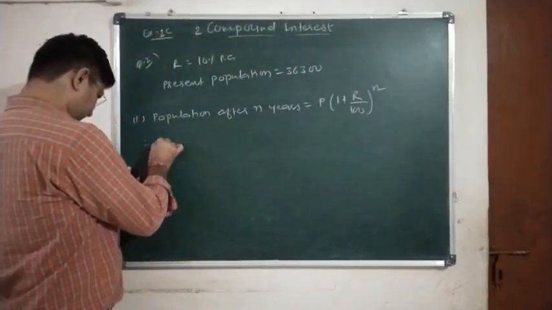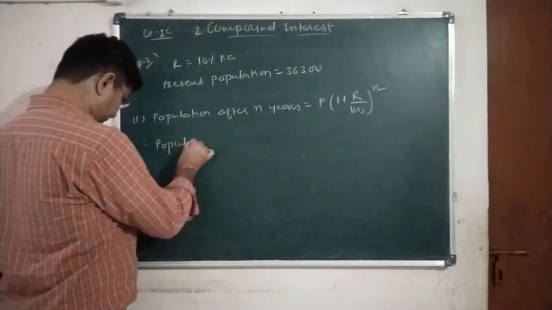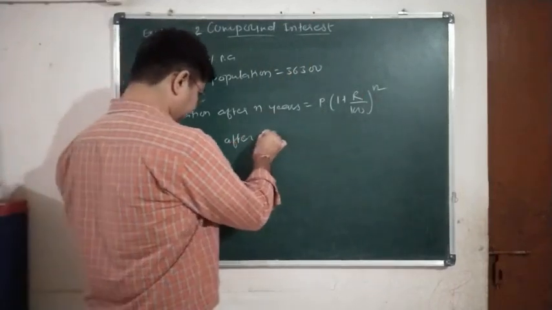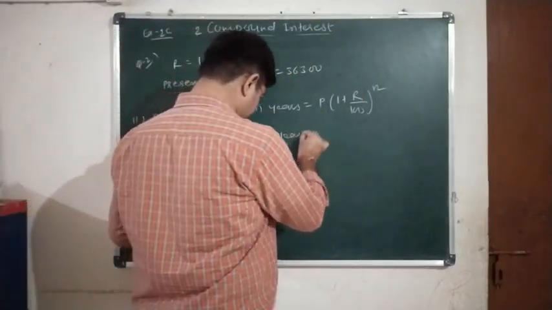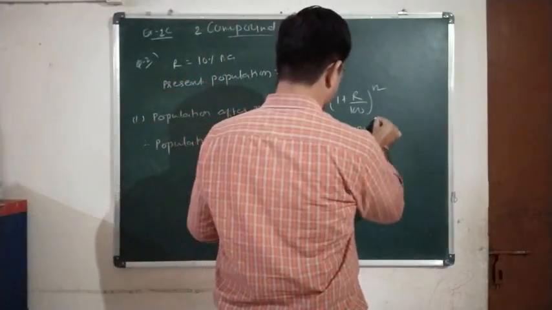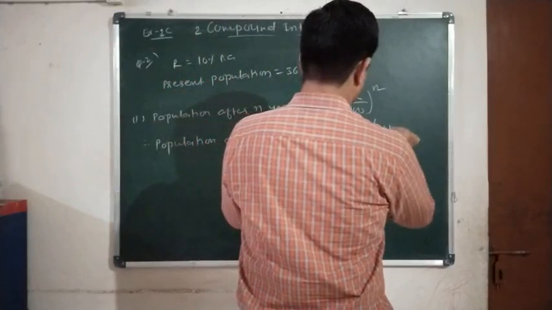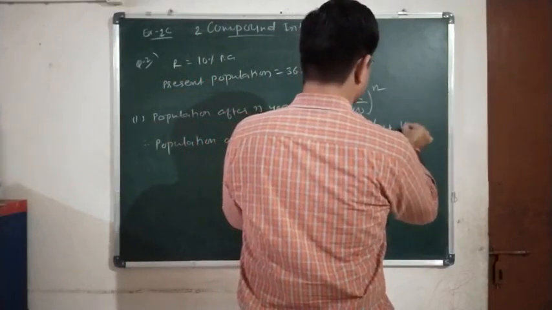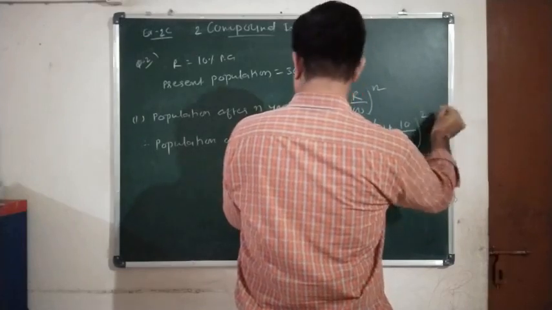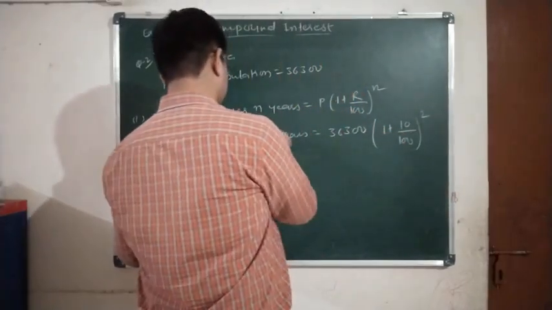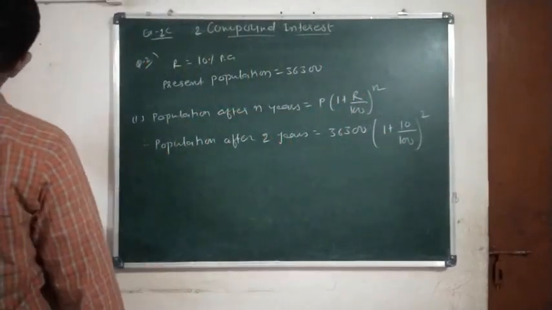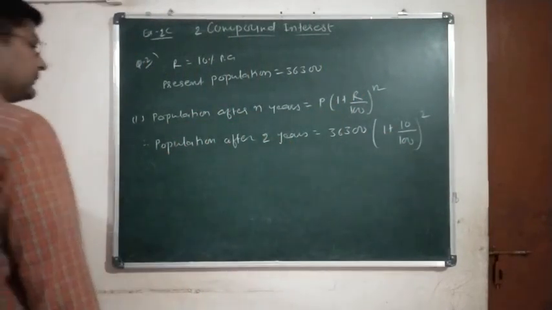Therefore, population after 2 years is equal to 36300 into 1 plus rate, which is 10 upon 100, raised to 2.